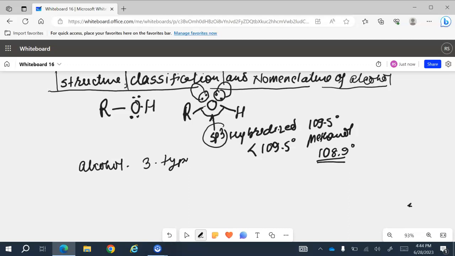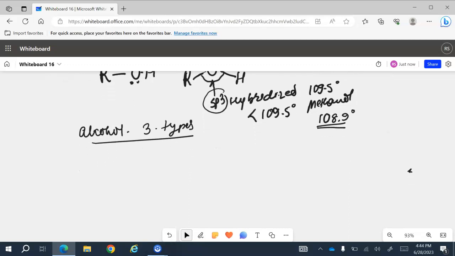If the OH group is attached to a carbon which is connected with one other carbon group or one R group, and two hydrogen atoms, this type of carbon is called primary carbon, and the alcohol we call a primary alcohol or 1-degree alcohol.